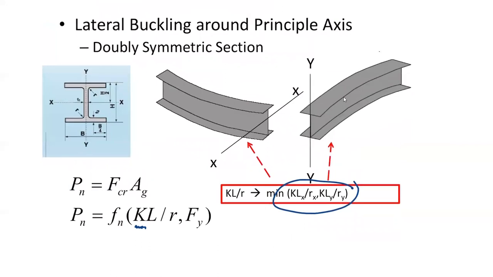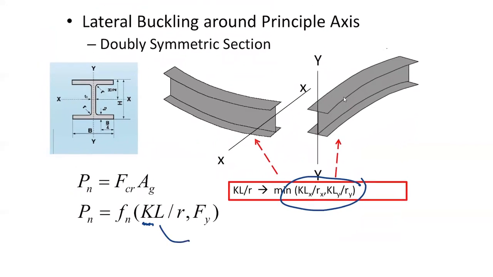One thing you have to understand: this L here is not the length of the column itself. This L here that we use, as we said from the beginning, is called the unbraced length.